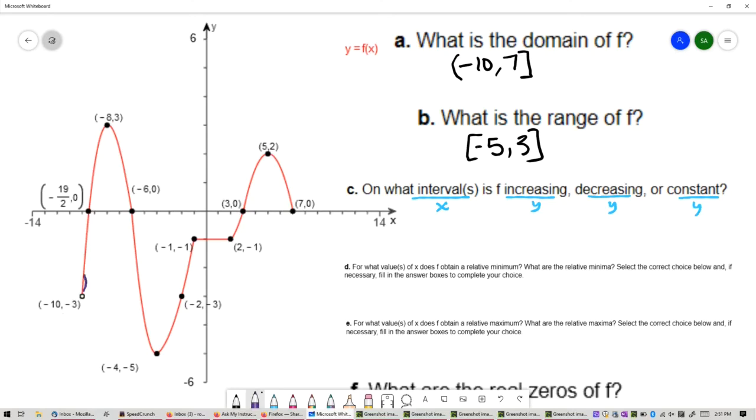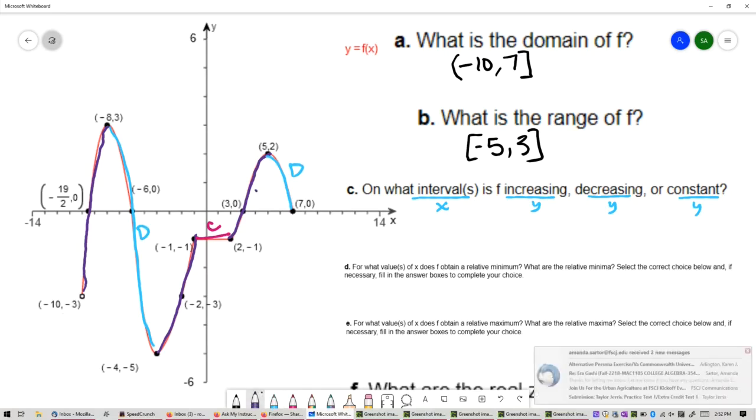We have increasing along this section, and this section, and this section. We have decreasing along this section, and this section, and we have constant here. So let me label that as constant, decreasing, increasing.